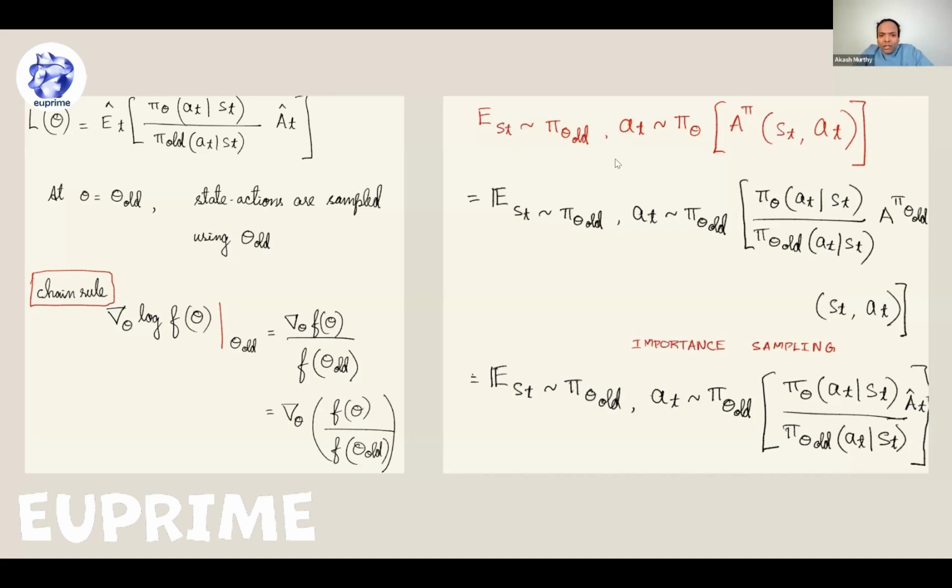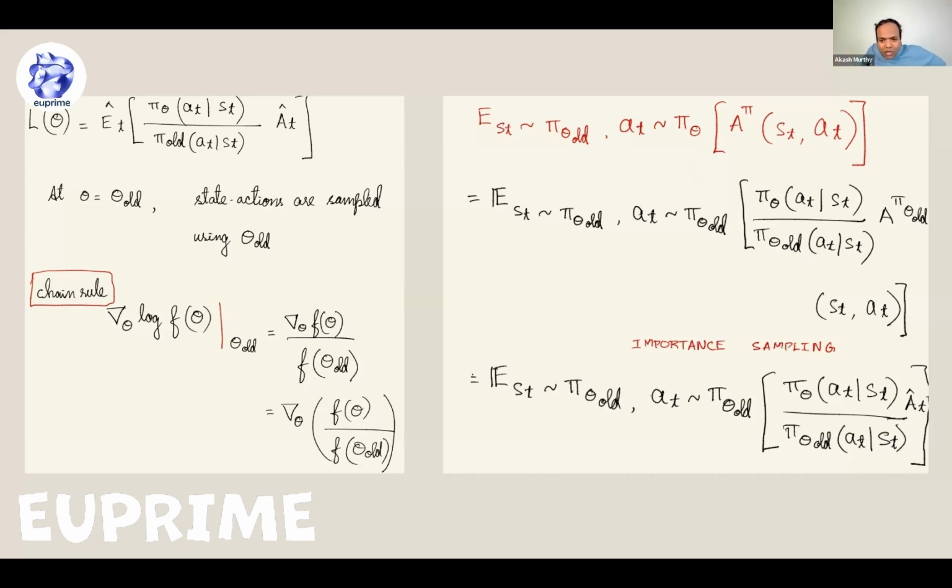So assume that theta old is one of the coins which generates some sequences, and your job is to come up with an action sequence, which is another sample, not from the same distribution but from a different distribution. And your job is to be as close as possible to the first distribution. You don't want to go too far.